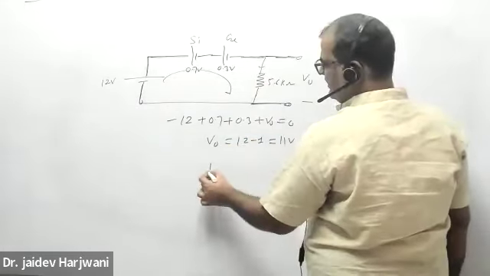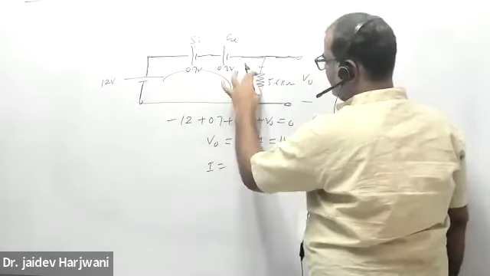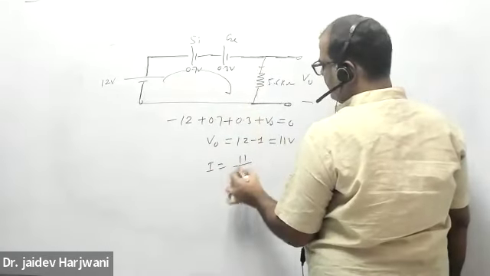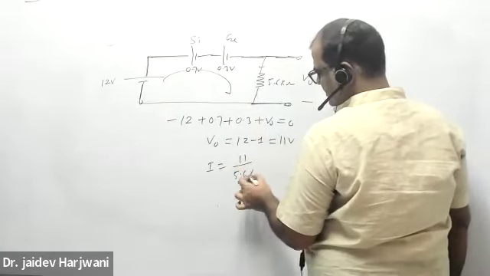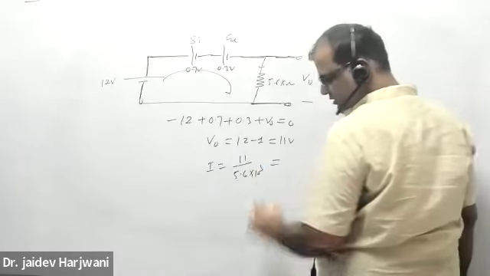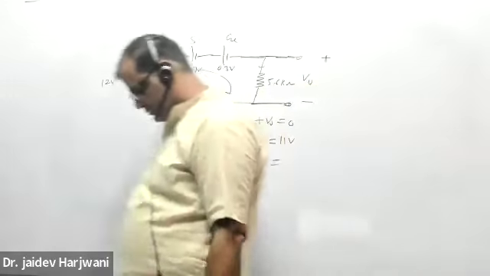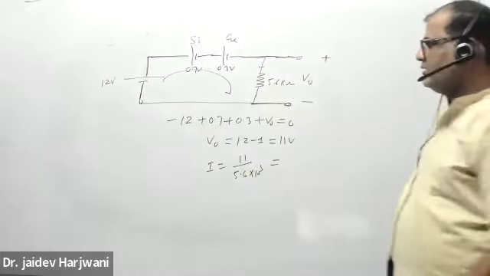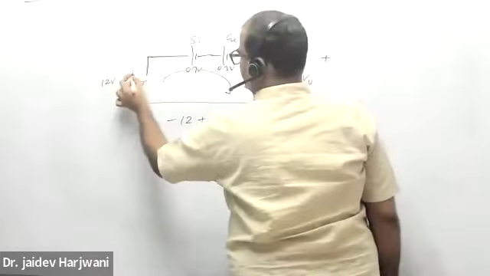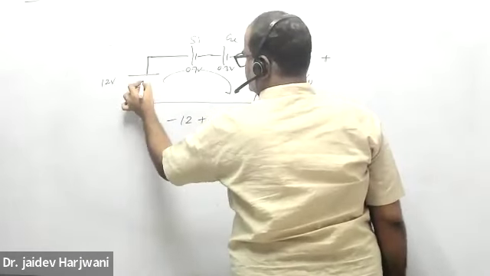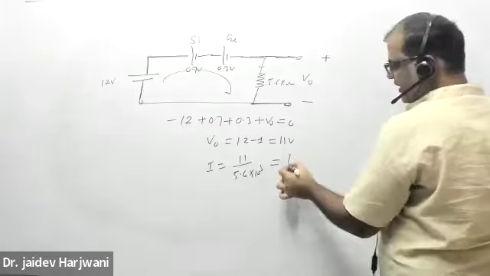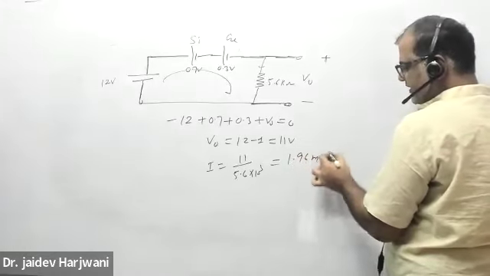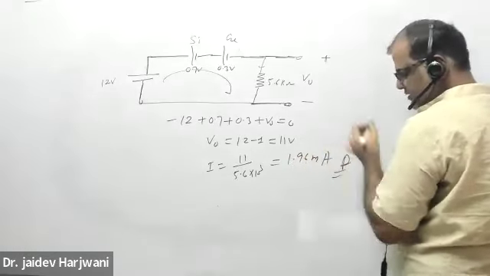And I will be what? V naught divided by resistance, that is 11 divided by 5.7 kilo ohm. Tell me how much is coming. 1.96 milliampere. Answer.